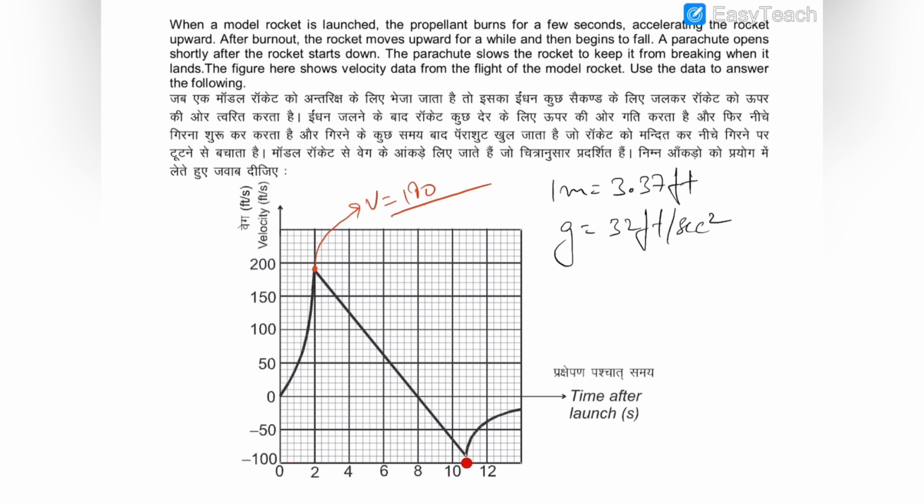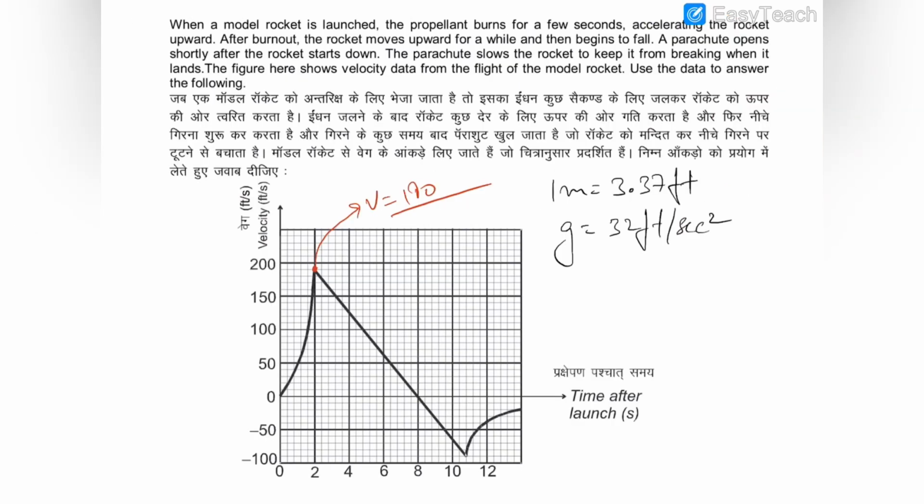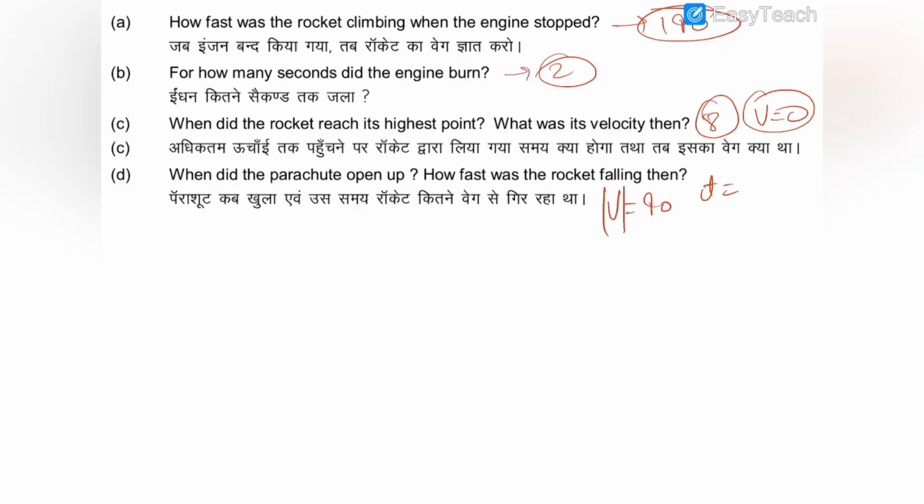This is minus 90. If we are talking about the magnitude, then we can say that the velocity of the rocket was 90, and the time at which the parachute opened was 10.8 seconds.